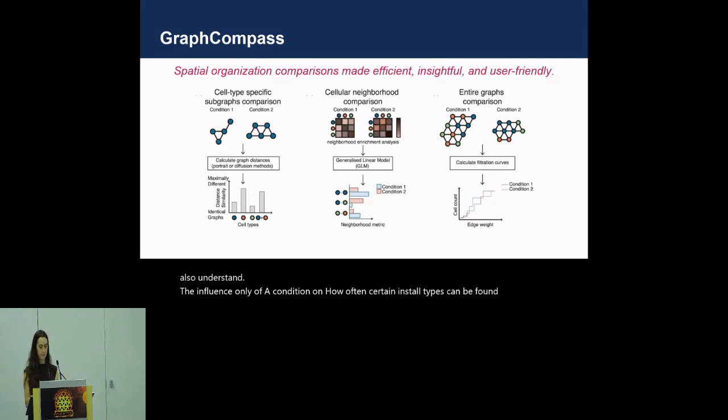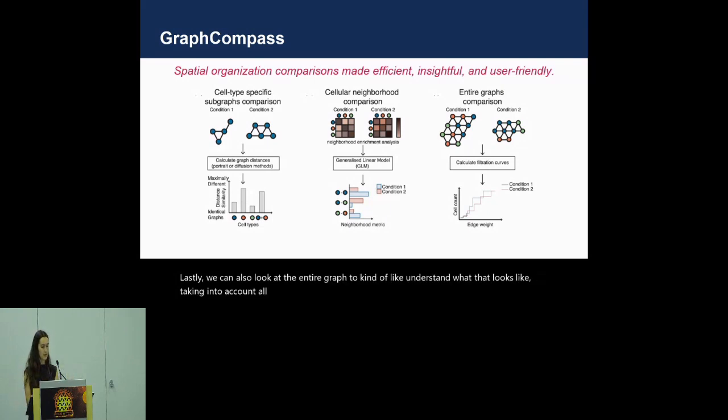And there we can also understand the influence of a condition on how often certain cell types can be found together. Lastly, we can also look at the entire graph to understand what that looks like, taking into account all nodes, all cell types. And there we use topology methods. So again, to provide a bit more of an intuitive explanation, we're looking at the shapes of those graphs. Imagine I've been given a bag of nodes and edges, and I've been told you have to rebuild the graph over here.